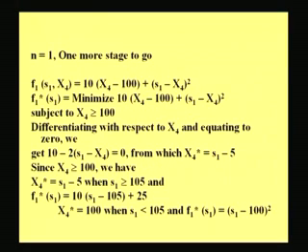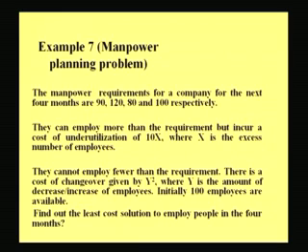We use a backward recursive approach. So, when n is equal to 1 more stage to go or 1 more month to go, we are effectively looking at the 4th month. So, because of the backward recursion, when we have 1 more month to go, we are here. So, we are looking at the 4th month, we assume that we are at the end of the 3rd month.